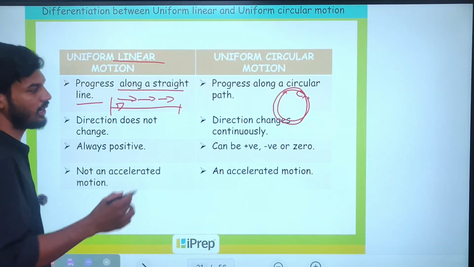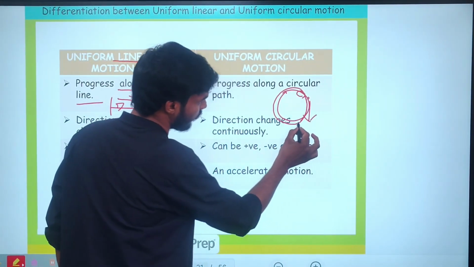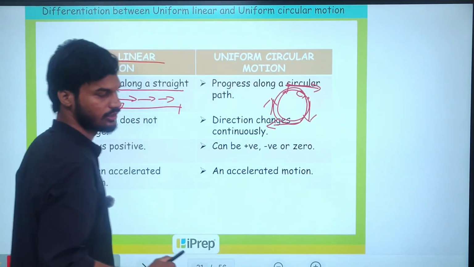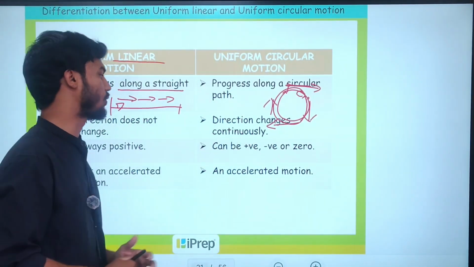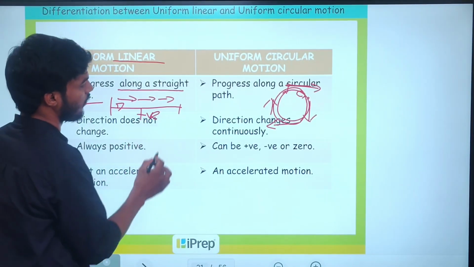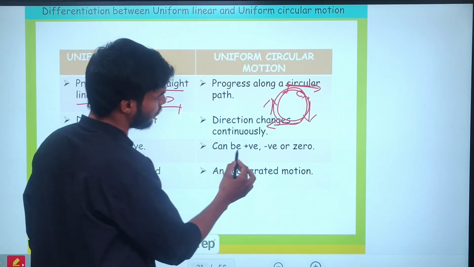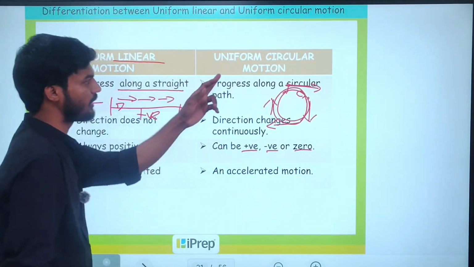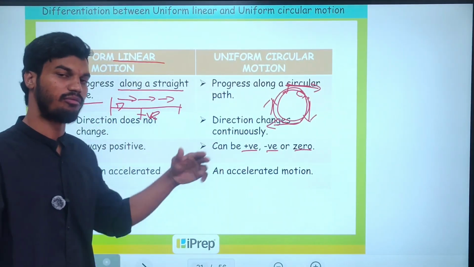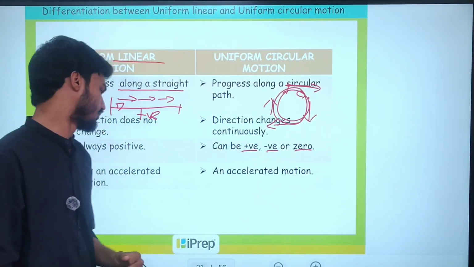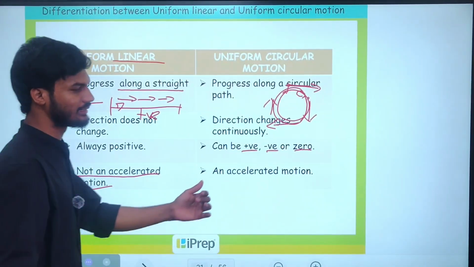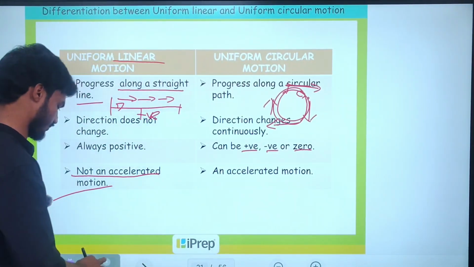But here, the direction changes continuously, from position to position. The numerical value is always positive. It may be positive, negative, or zero. In uniform circular motion, the values may be positive, negative, or zero. Next, it is not an accelerated motion, it is an accelerated motion.